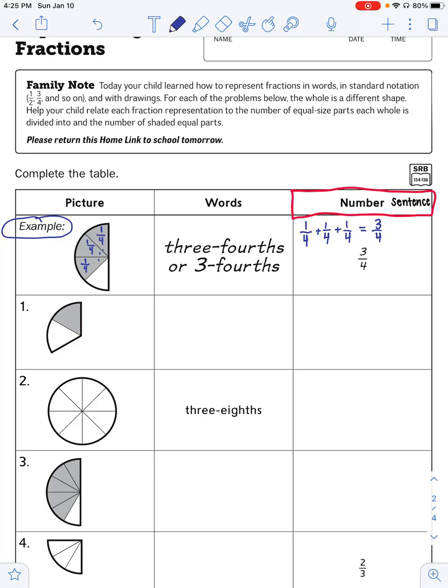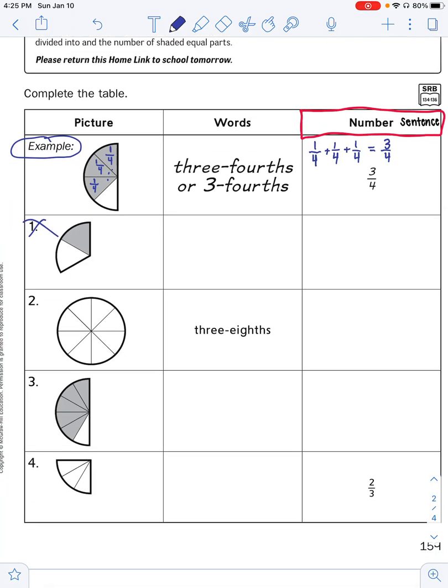We're going to skip this next one and let's go to this one right here. Let's say you come to a shape that there's nothing filled in and you're the one that has to shade in the parts. Well, they'll give you the words or the number sentence if it's not shaded in, and you have to look at that. Okay, so they only gave me the words 3/8.